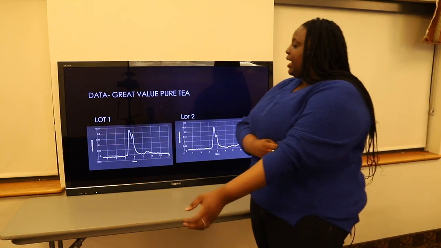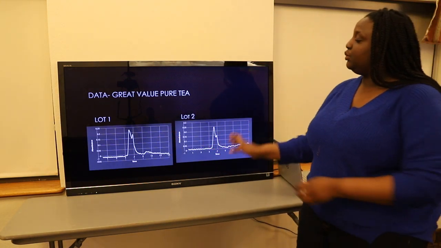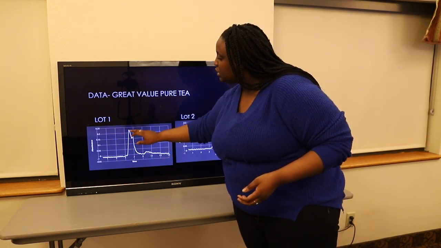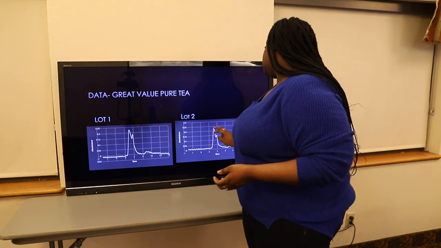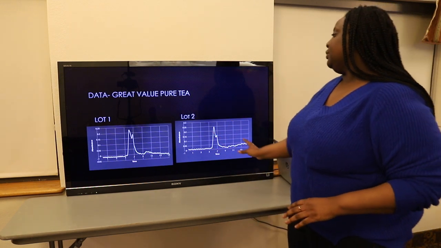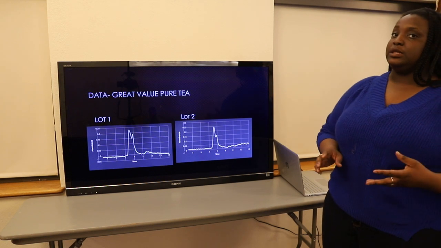For the purity, I got similar graphs for lot 1 and lot 2. The first lot came off at about 0.23, and the second one was close to 0.25, so about 0.245-ish. But both graphs have similar peaks and come off at the same points.